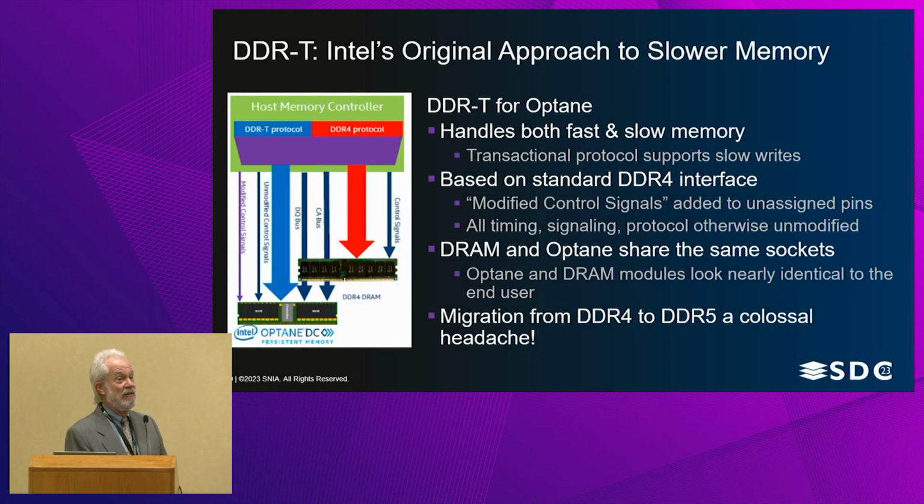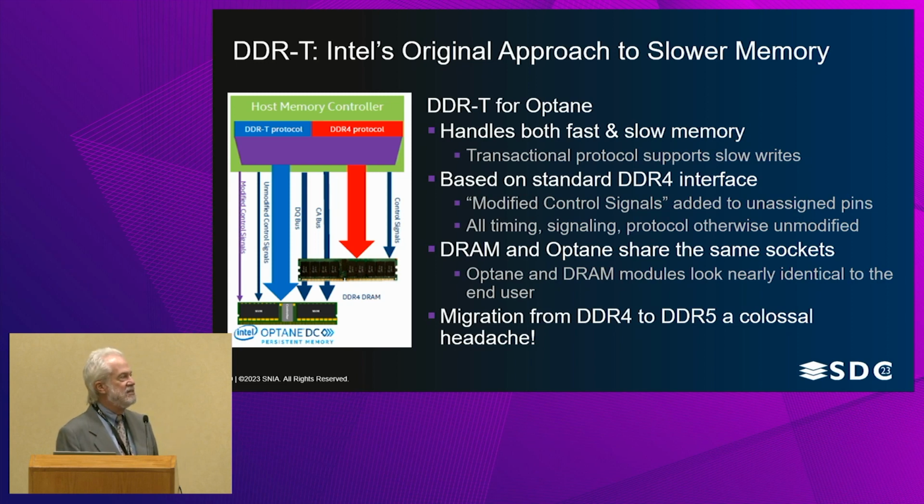First, I'm going to talk, though, about how Intel forced the DDR bus to accept Optane. You've got Optane that's running at 1/3 the speed of DRAM on the same bus as DRAM, and nobody's going to want to slow down their DRAM bus to 1/3 its speed so that everything will run at the same speed, which is what the DDR bus was designed for. So they said, okay, we'll put some extra hooks into this.